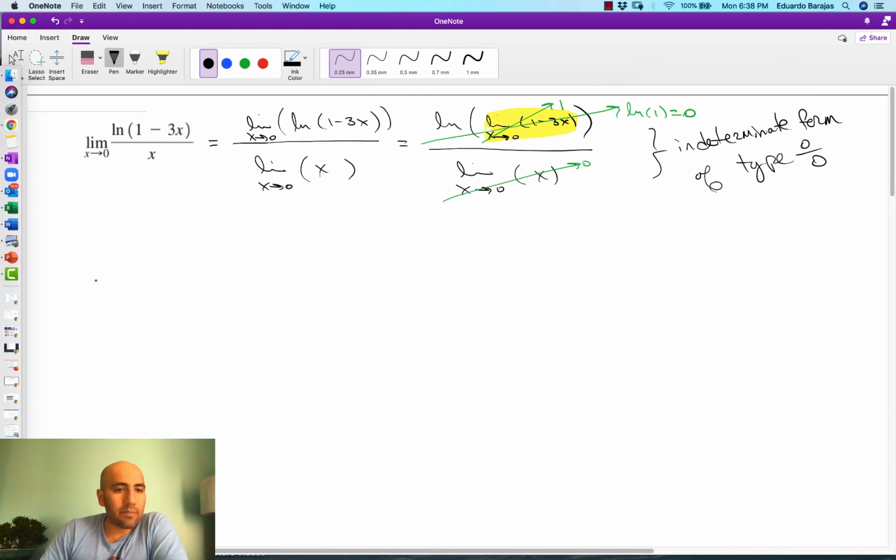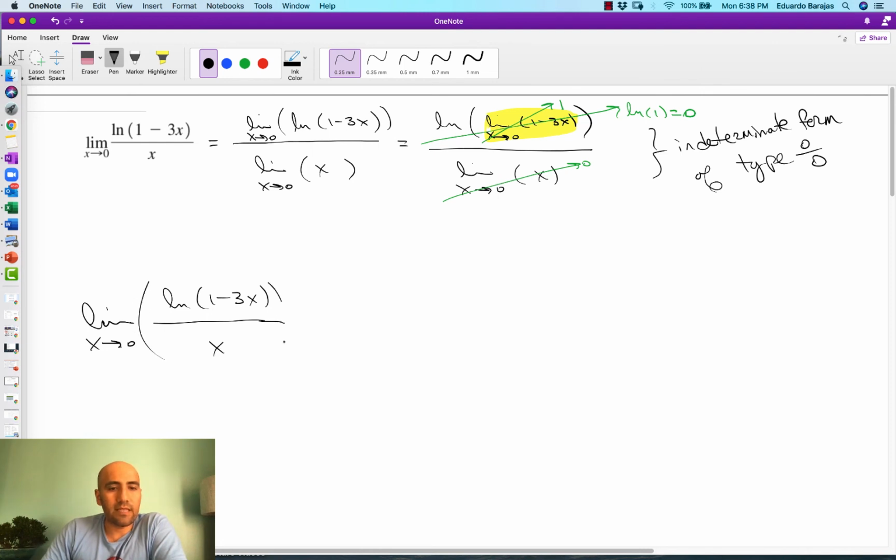Okay, so now let's copy this down here, which means the limit as x approaches 0 of ln of 1 minus 3x over x.